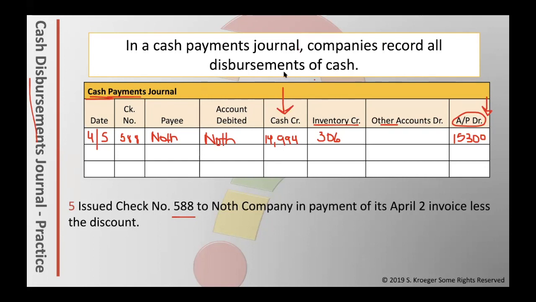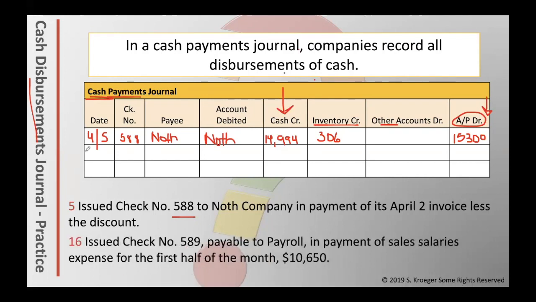The last journal entry we have is from April 16th, 4/16. Issue check number 589, payable to payroll in payment of sales salaries expense for the first half of the month. Remember, you need to think about what the journal entry normally would look like.